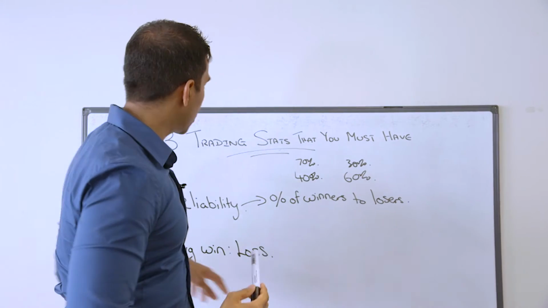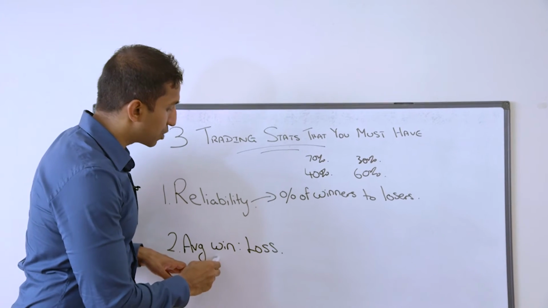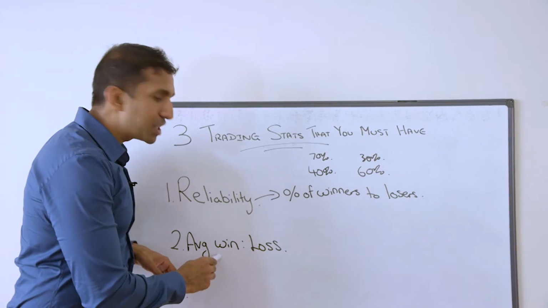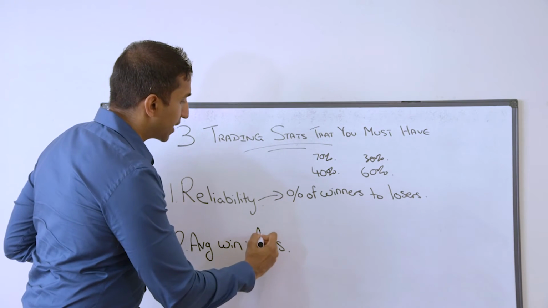What we are looking at over here is the average winner, the actual winners, how much they made compared to the average loss that they made as well.